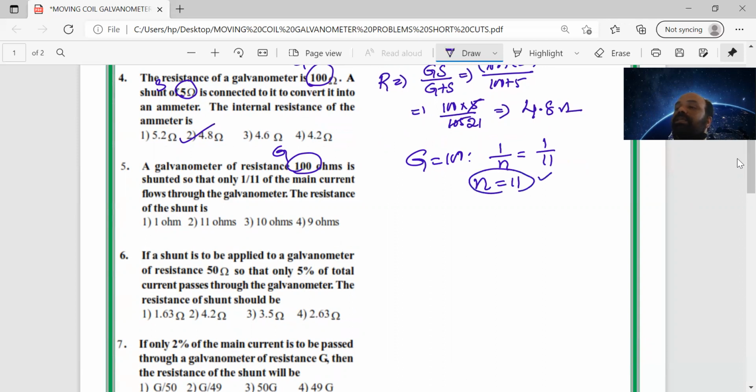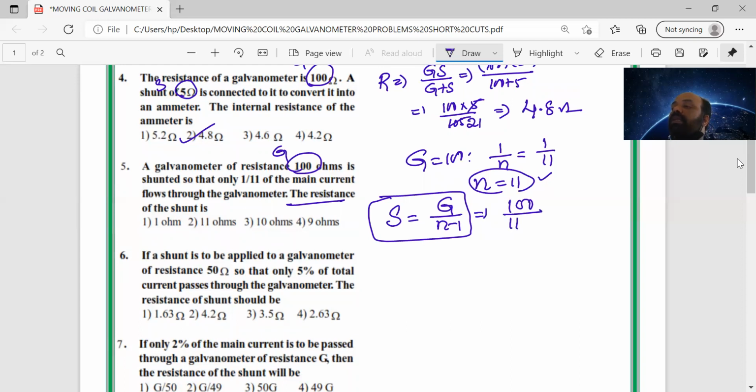They ask for the shunt resistance. The shunt resistance formula is S is equals to G by n minus 1. This is the shortcut formula. The galvanometer resistance is 100, n value is 11, 11 minus 1 becomes 10. 100 by 10 becomes 10 ohms. So the fifth one answer is 10 ohms.